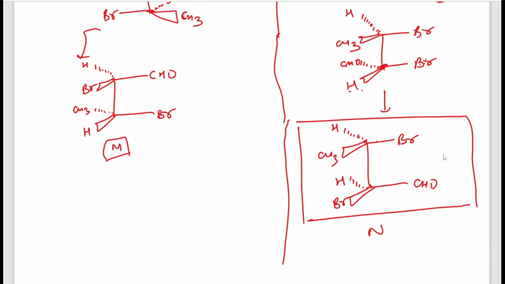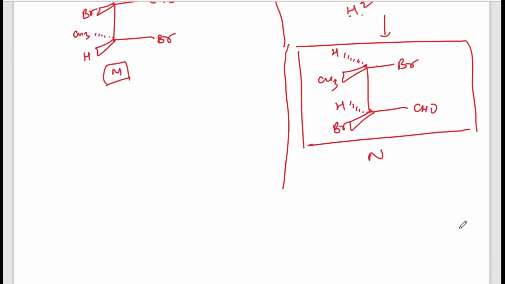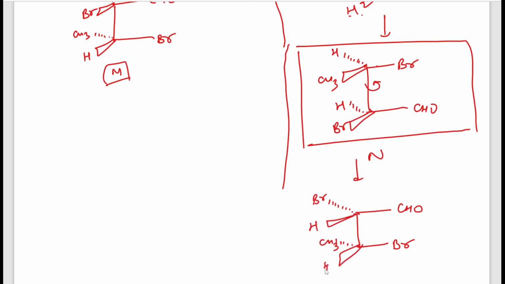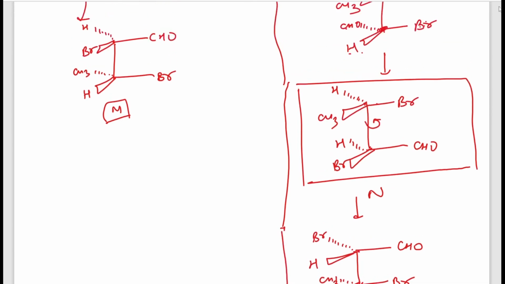We can also rotate this bond through 180 degrees. So all these groups which are above the plane will be below the plane after rotation through 180 degrees. So these are two structures: this is the structure of the N compound and this is the structure of M.